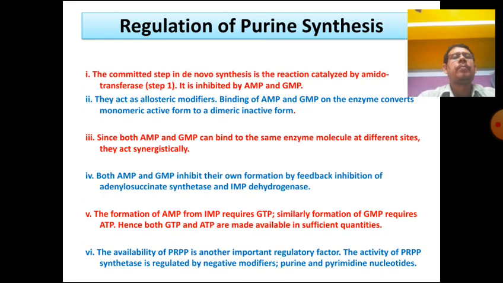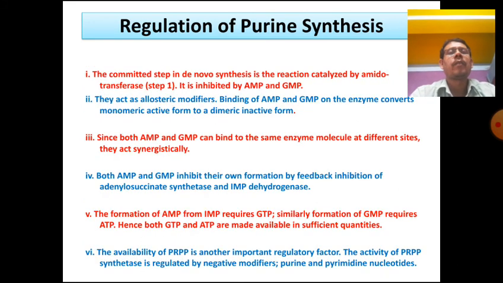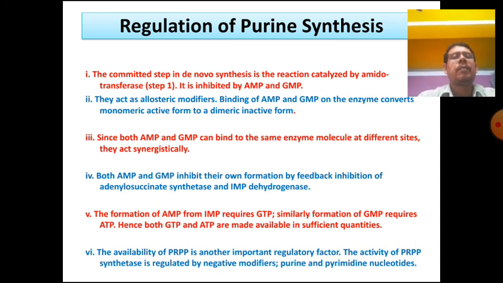Then the regulation of purine biosynthesis. The committed step of de novo synthesis is the reaction catalyzed by amidotransferase, step 1. It is inhibited by AMP and GMP, which are allosteric modifiers. Binding of AMP and GMP on the enzyme converts the monomeric active form to the dimeric inactive form. AMP and GMP can bind to the same enzyme molecule at different sites and synergistically inhibit the enzymatic action.